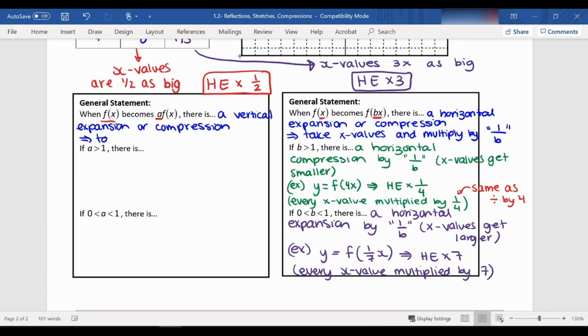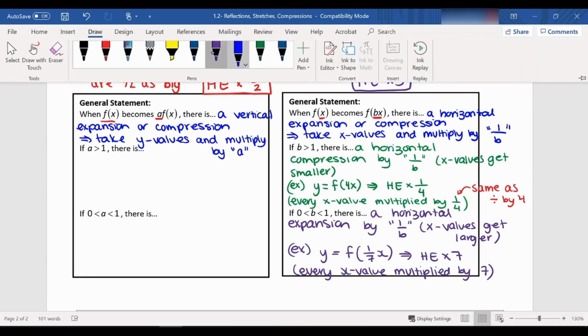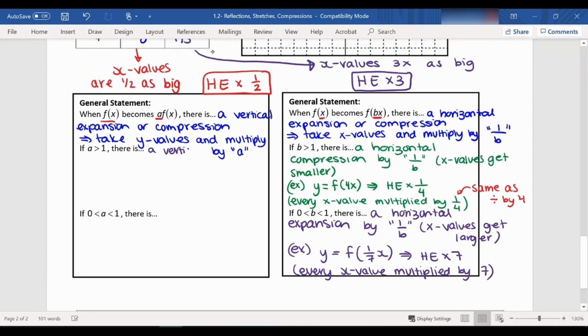So you're going to take your y values this time and multiply by a. Okay, so if a is bigger than 1, that is going to be a vertical expansion by a. So your y values will get larger.